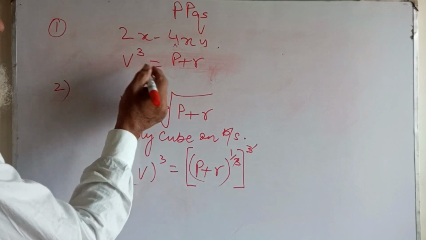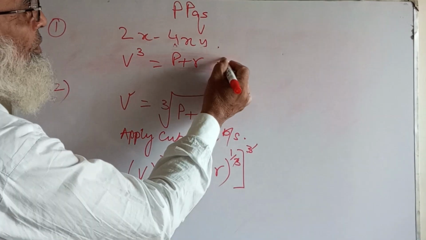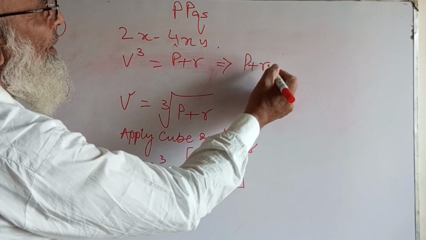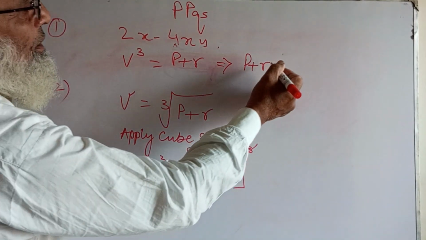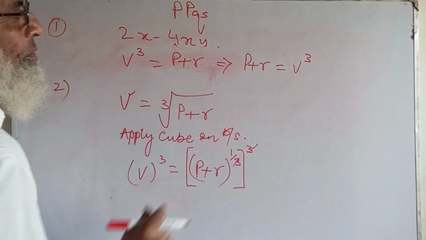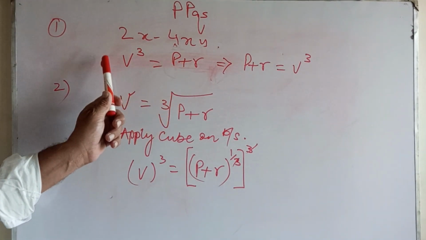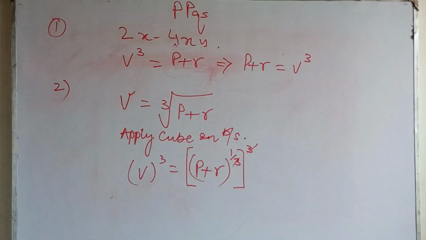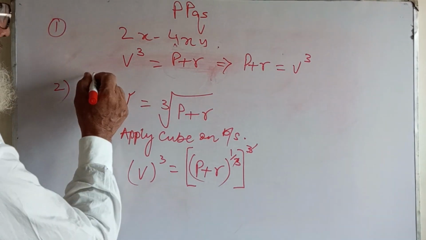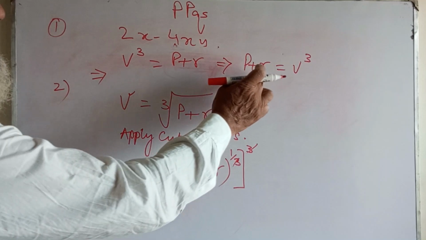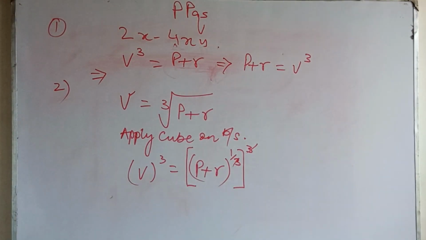So I'm going to swap again. P plus R is equal to V cube. I swapped the sides. Now what is our final? We have to make R the subject.